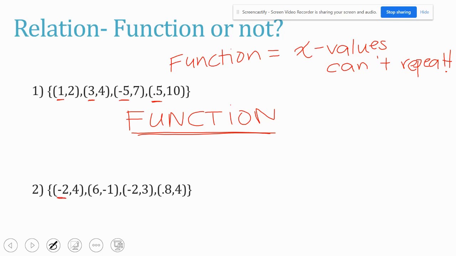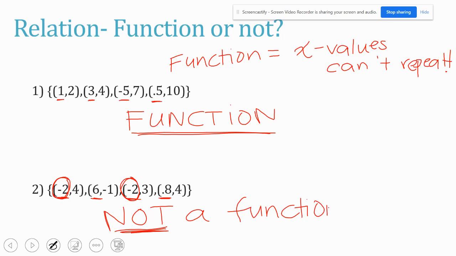So we're going to take a look at our x values. Notice how we're not even paying attention to the y values. Y values do not matter in this question. And hopefully you've noticed that these -2 here and here, those repeat. So because our x value is repeating, this is not a function.